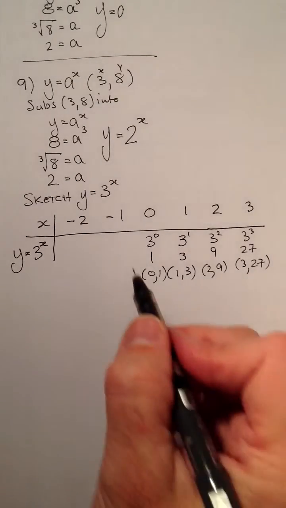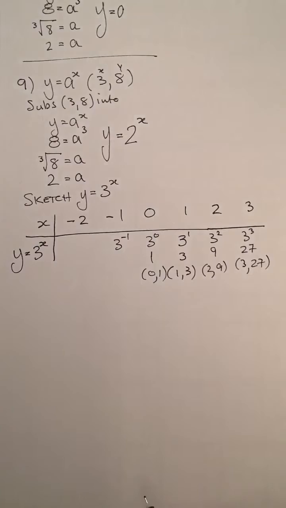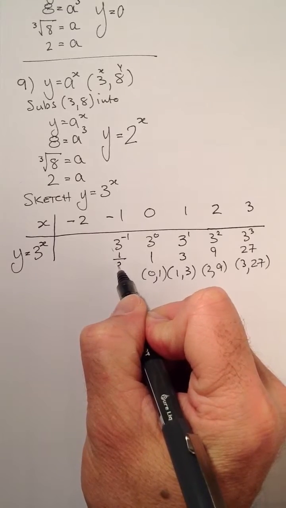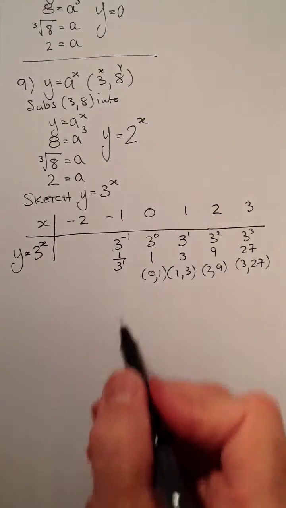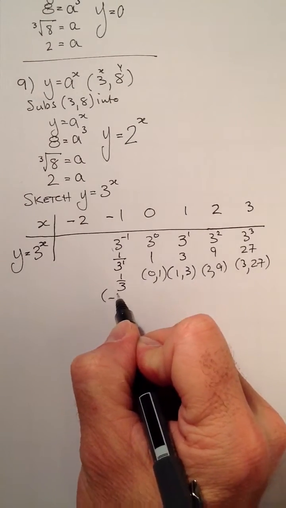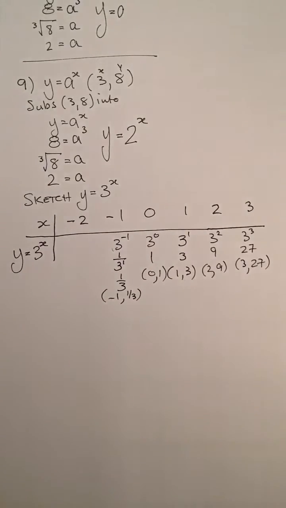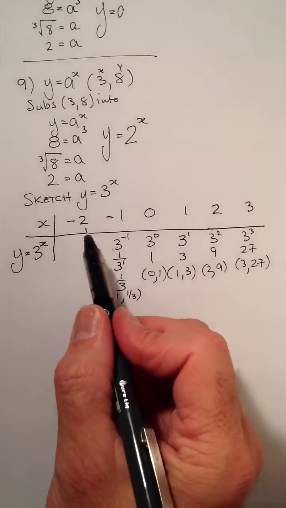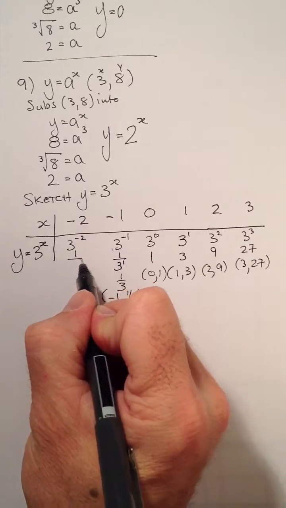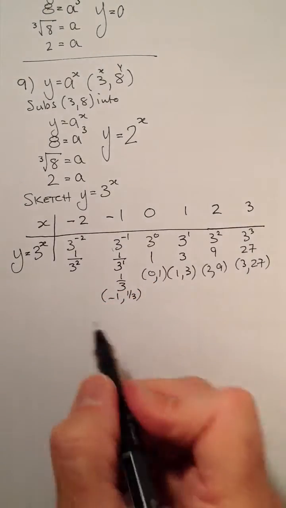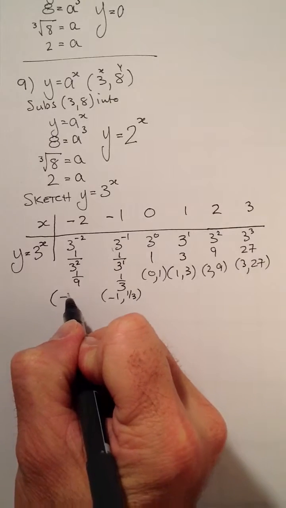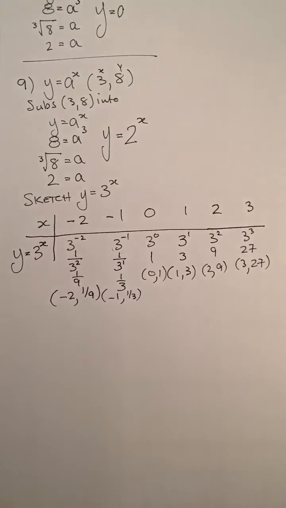For 3 to the power of -1, remember with our indices we take that to the denominator, so it's 1 over 3 to the power of 1, which is 1/3. So the coordinate is (-1, 1/3). For 3 to the power of -2, that's 1 over 3 squared, which gives 1/9. So the coordinate is (-2, 1/9).